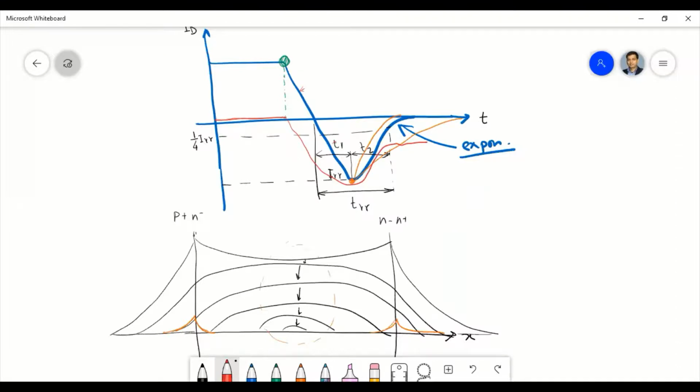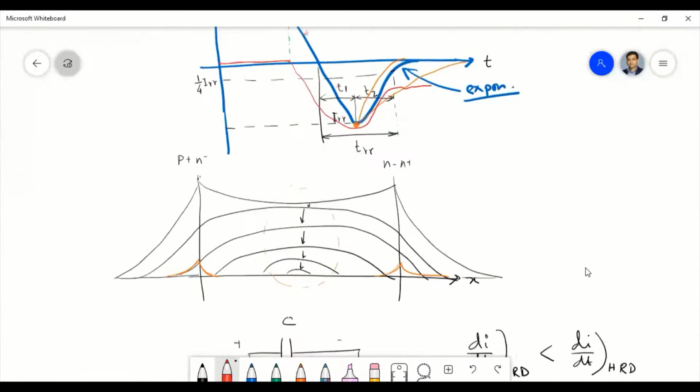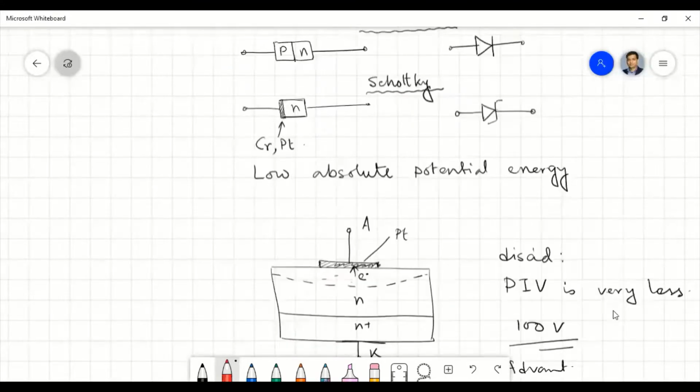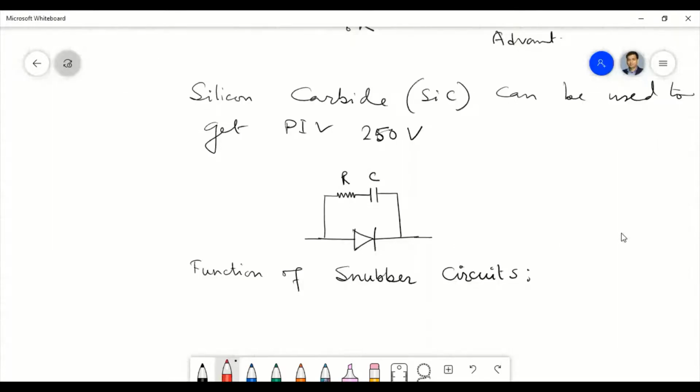This voltage depends on the di/dt, and the purpose of using this capacitor in parallel with the diode is to bypass the high di/dt through the capacitor, because a capacitor doesn't allow a change in voltage.